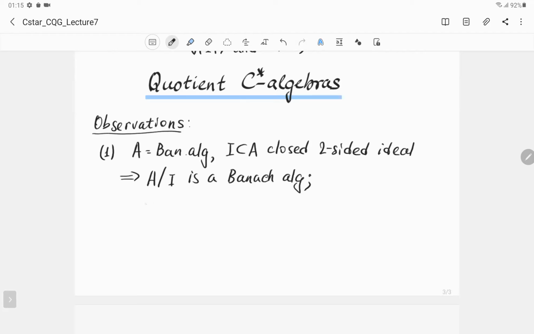And the norm on this algebra is the usual quotient norm given by the following formula.